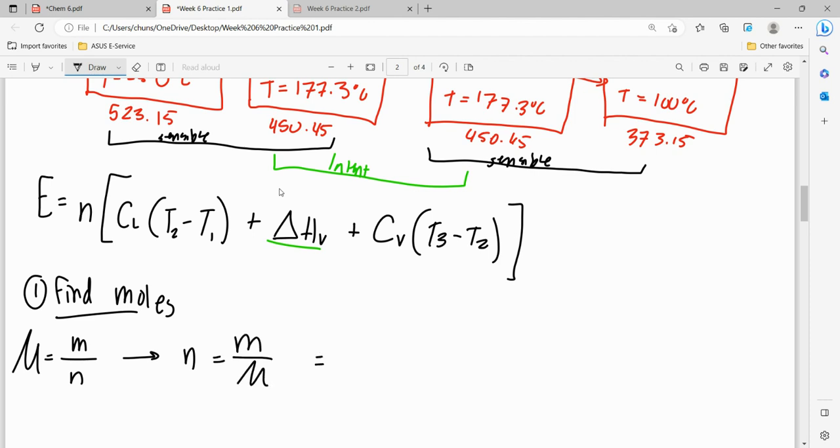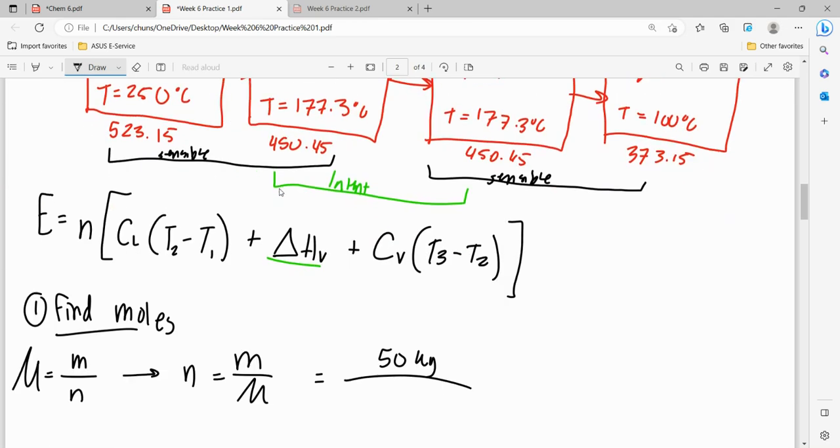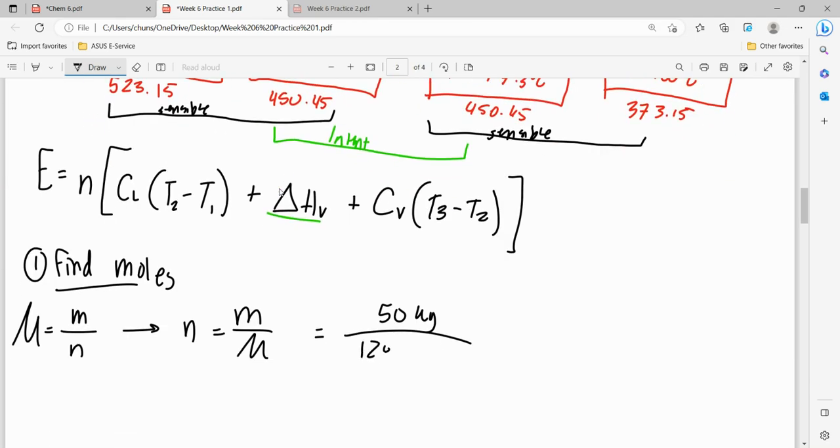Our mass is 50 kilograms, and our molar mass is given by 128.255 kilograms per kilomole. This leaves us with 0.38984 kilomoles.